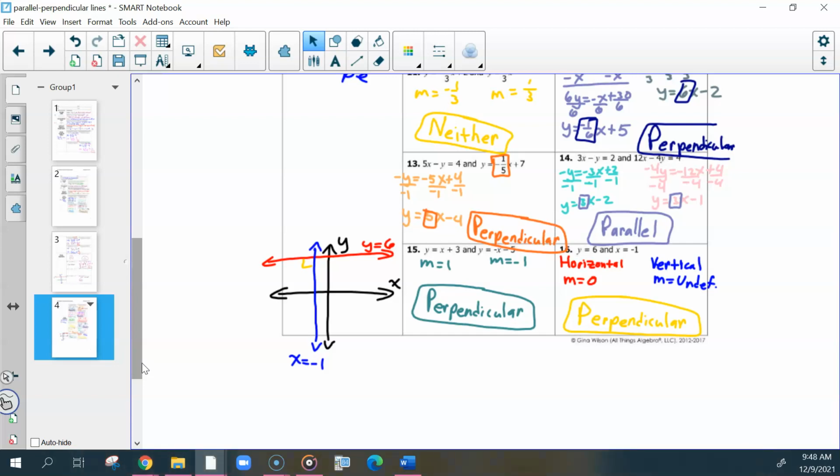Alright. For the remainder of class, here are the things you could be working on. If you started the parallel, perpendicular, or neither sheet where you color the yellow, the blue, or uncolored, and want to continue working on that, you can do that. You have one Delta Math on parallel and perpendicular lines that's due next week, but I have to double check.